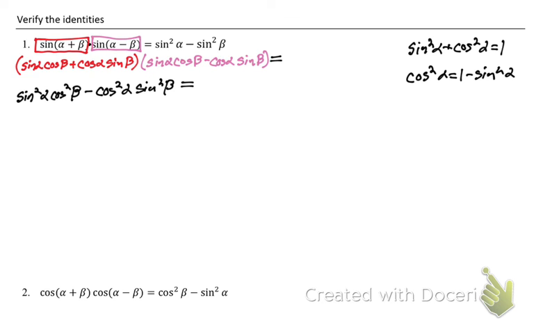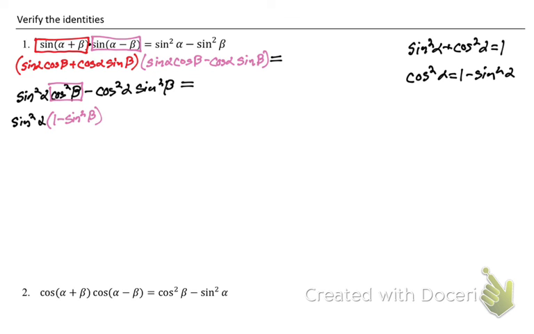Well, that means if I see 1 minus sine squared, I replace it with cosine squared. However, if I ever have a cosine squared and I want to change it to sine squared, I just replace it with 1 minus sine squared. It's a shortcut to just quickly replace all cosines with sines. So what this is going to now look like is I'm going to have that sine squared alpha. I'm going to look at that cosine squared beta, and I'm going to turn that into 1 minus sine squared beta.